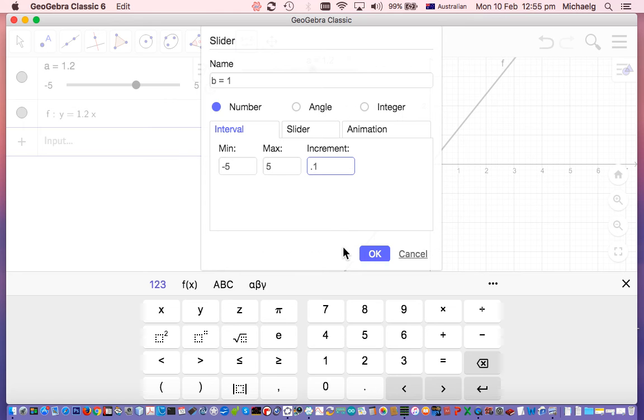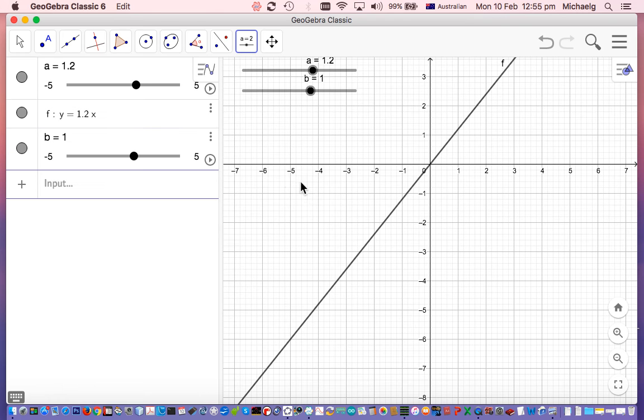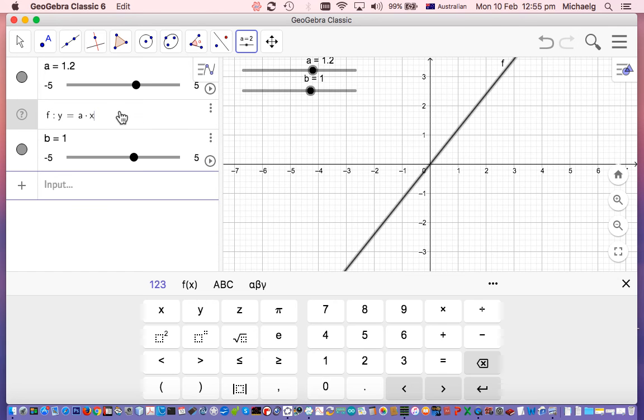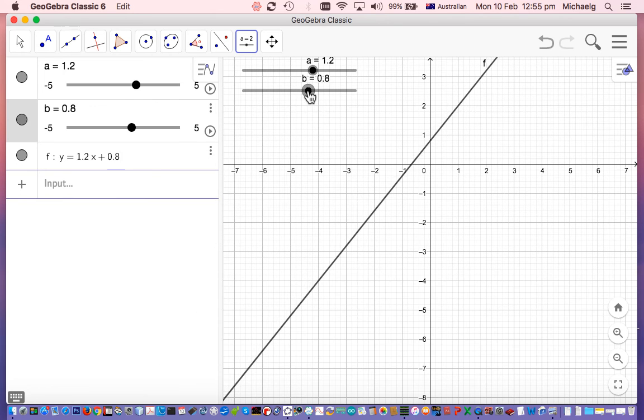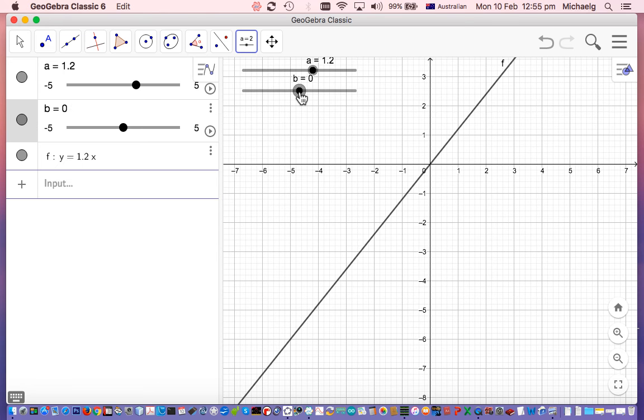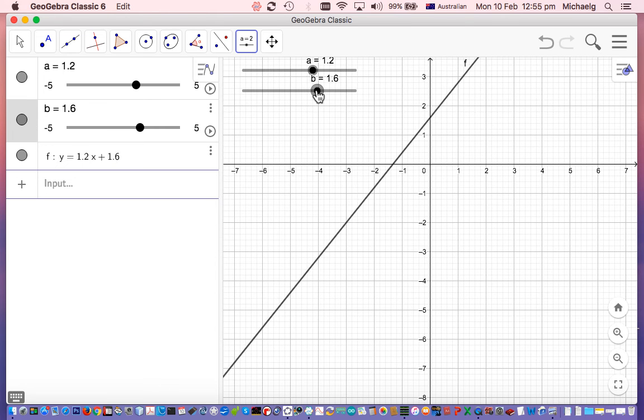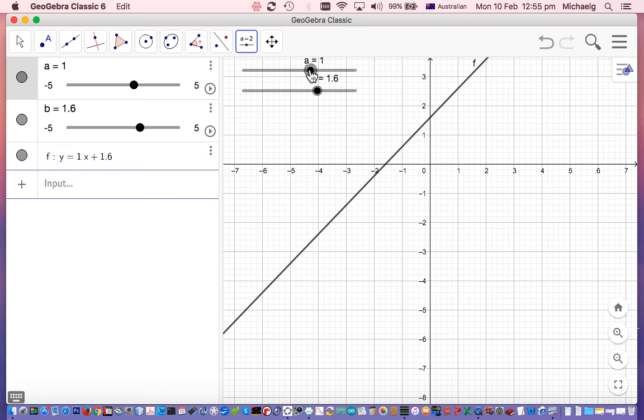0.1. And then I'll come back to here, and I'll go plus B. Enter. So what's happening here? This will only be directly proportional when our B value is 0. Here we might change this slope like that.